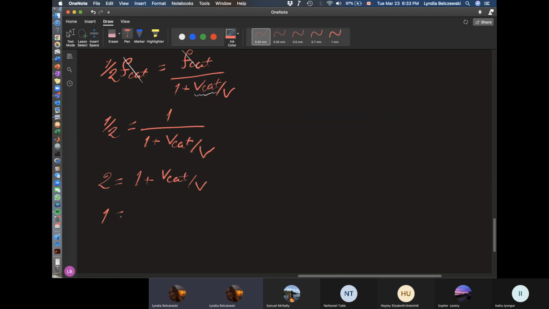So 1 is equal to V cat over V. And so the speed of the cat would have to be the same as the speed of the sound itself. We said that the speed of the sound was 343 meters per second in this question. So the speed of the cat is also 343 meters per second, and that's away from you.